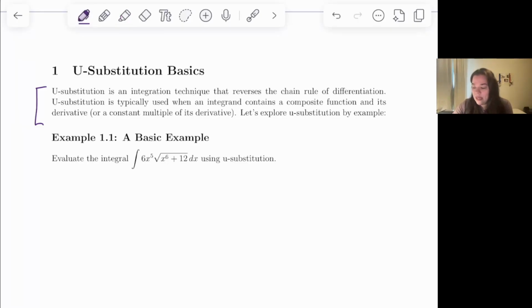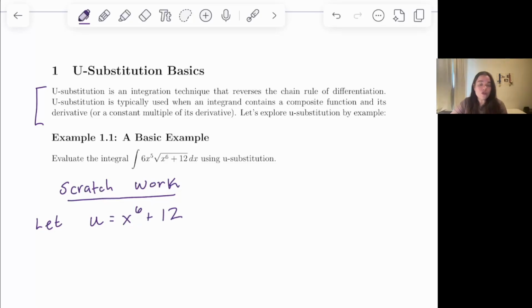So what I do is I am going to start my scratch work here. And I'm going to let U equal x to the 6th plus 12. So I'm just going to do a straight substitution.